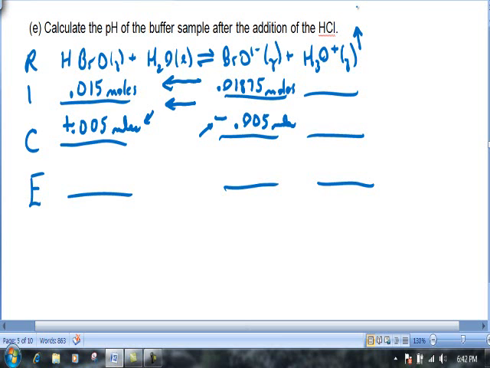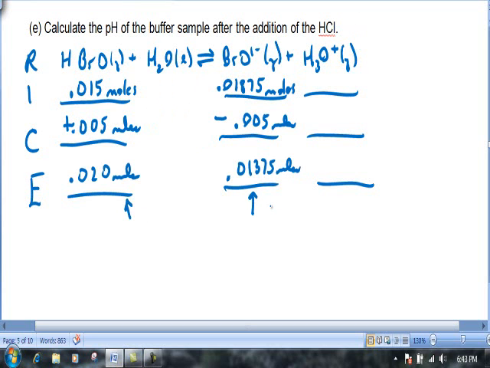At equilibrium, that'll leave us with 0.020 moles of hypobromous acid, 0.01375 moles of hypobromide ions, and the hydronium will be X, whatever it needs to be once the equilibrium shift has been completed.